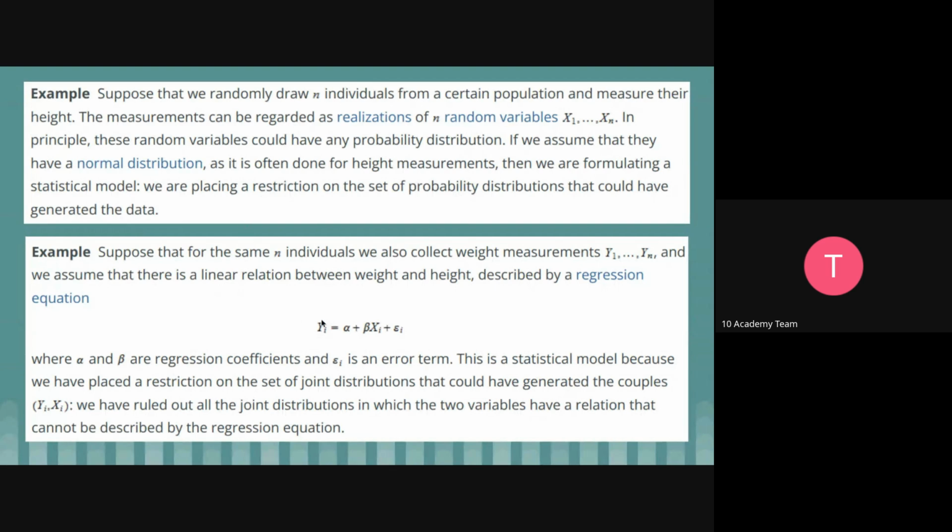So y is equal to alpha plus beta times x plus epsilon, where y is the weight and x is the height, and alpha, beta, and epsilon are just parameters. This is a linear regression equation. So this is another kind of statistical model. This is just an example, you don't have to understand every part of it.